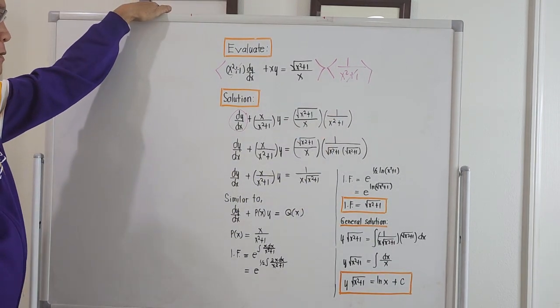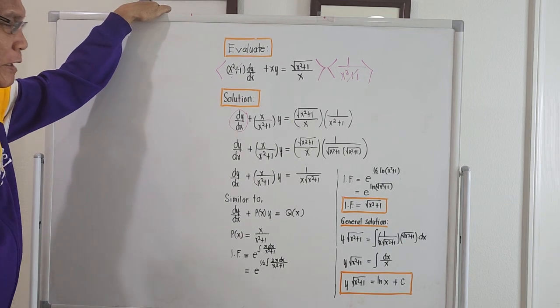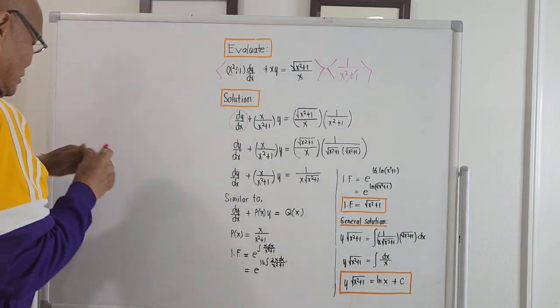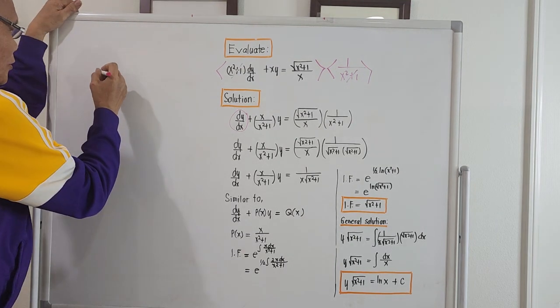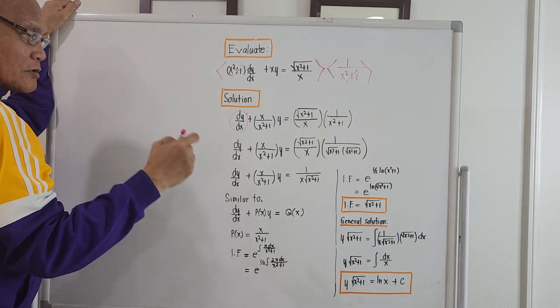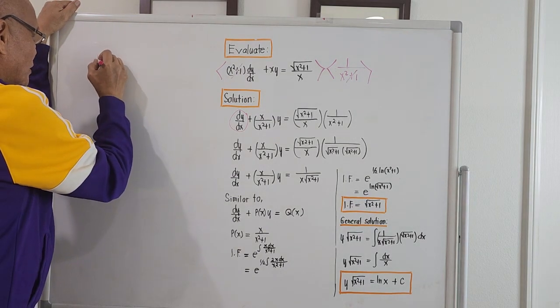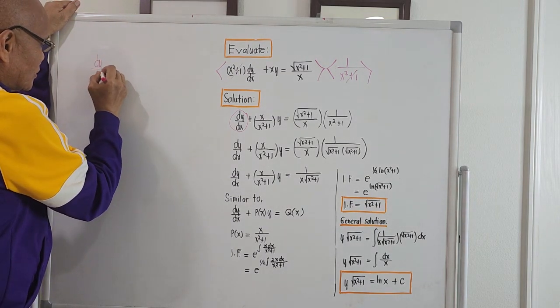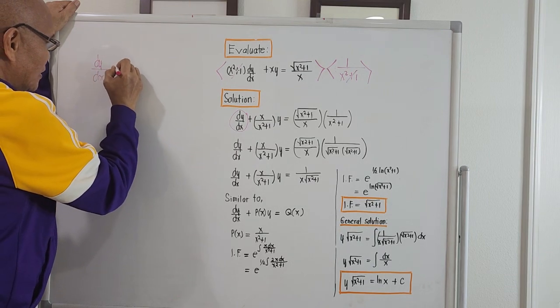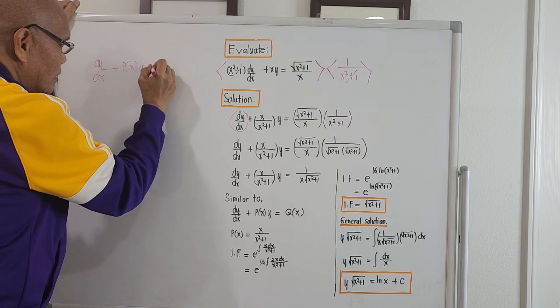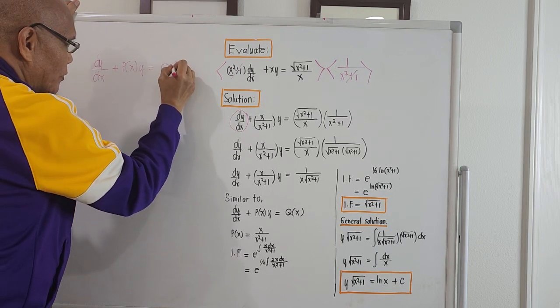I want the first term to be dy/dx, because if you try to recall, under the solution by using integrating factors, the form is actually similar to this: dy/dx plus p of x multiplied by y is equal to q of x.